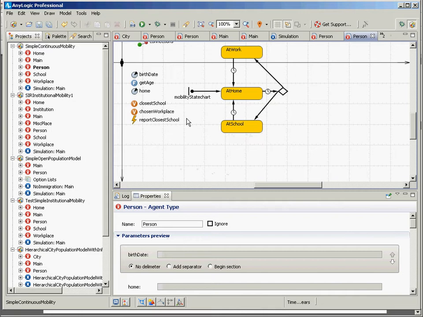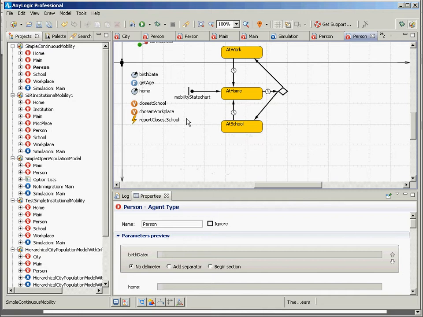So when any logic runs, agents get created in it, right? So you have these agents, and they come into being. They get given properties, for example, their home, their birth date, and then various other aspects of them are determined as well.